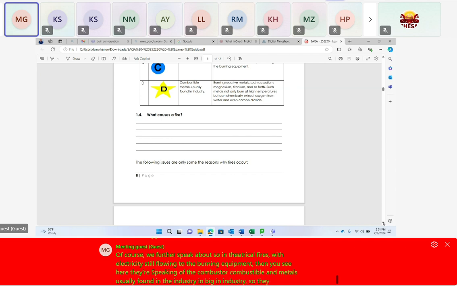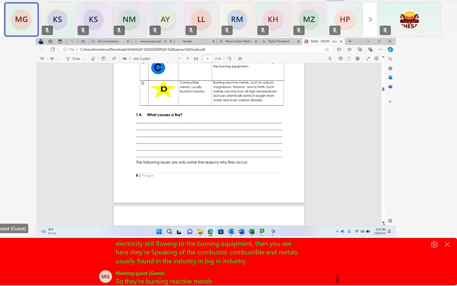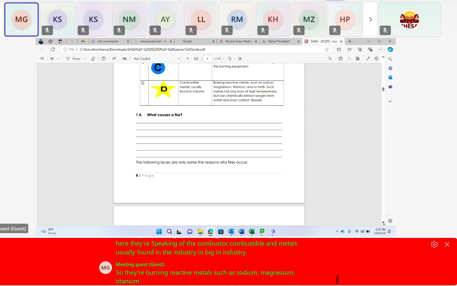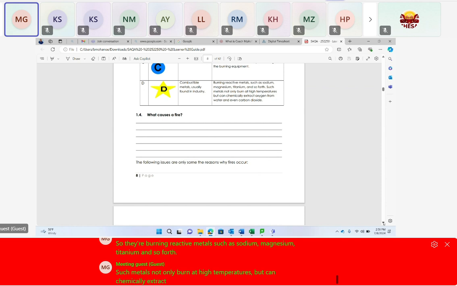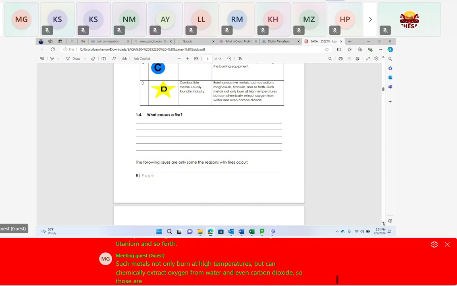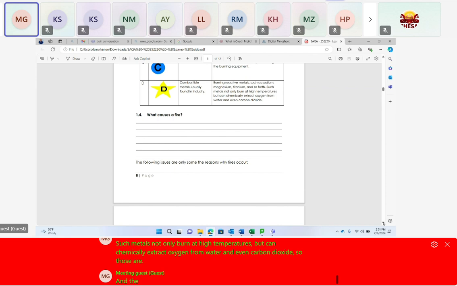So they're burning reactive metals such as sodium, magnesium, titanium, and so forth. Such metals not only burn at high temperatures, but can chemically extract oxygen from water and even carbon dioxide. So those are the types of fires that one can get exposed to.